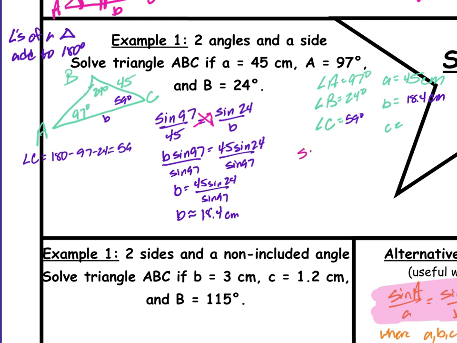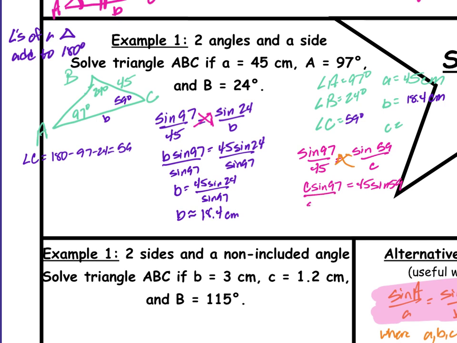So sine of 97 over 45 equals sine of angle C, which was 59, over side C. Cross multiplying, I've got C sine of 97 equals 45 sine of 59.